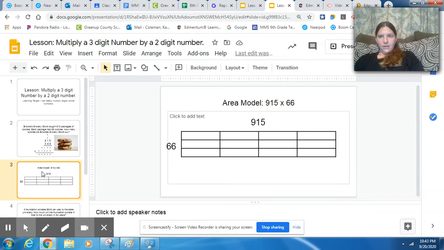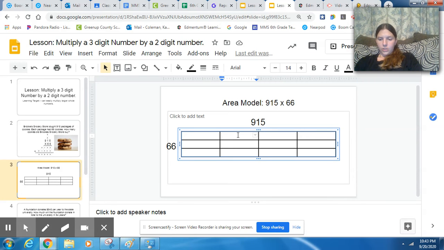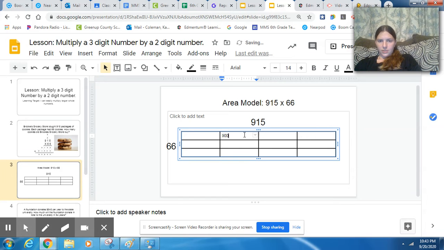We talked about the area model in our last lesson as splitting up our larger numbers into smaller place values. So this top row is going to be for the 915. The 9 is in the hundreds place. 9 hundreds is going to be 900. So I'm going to type 900 in this block.